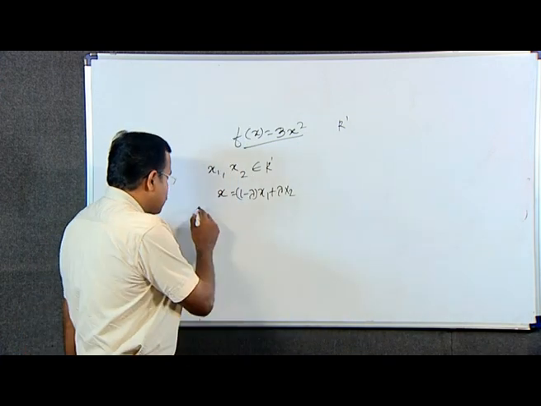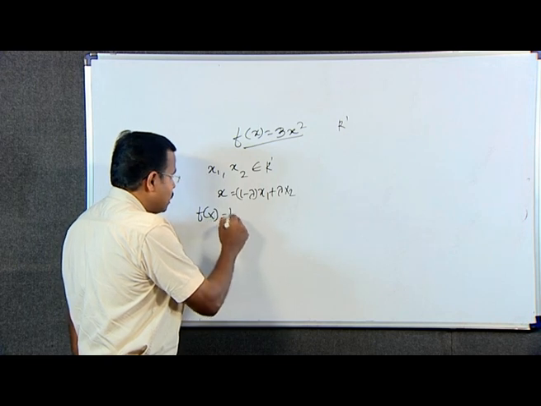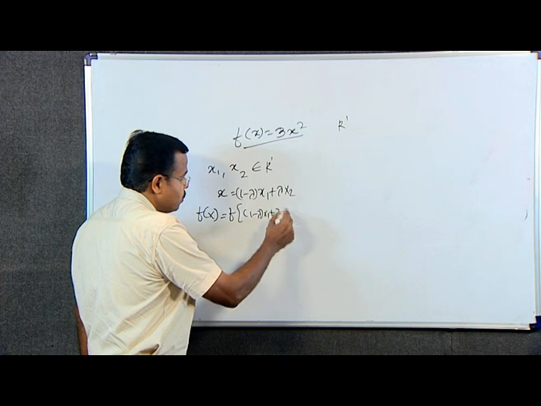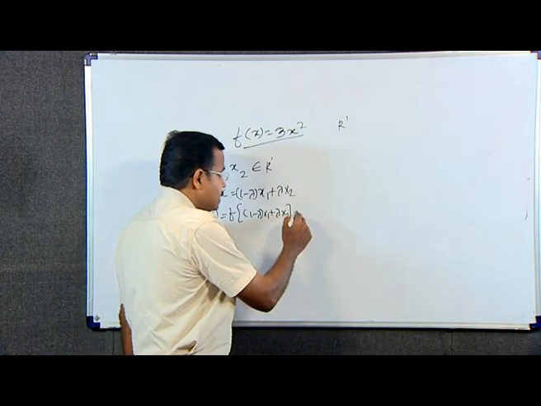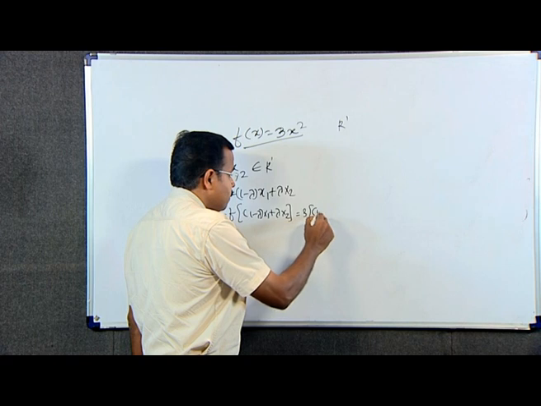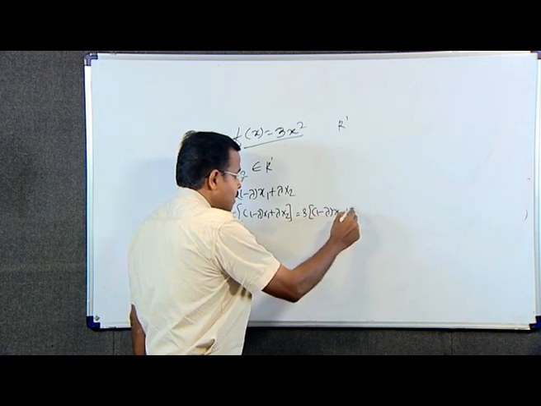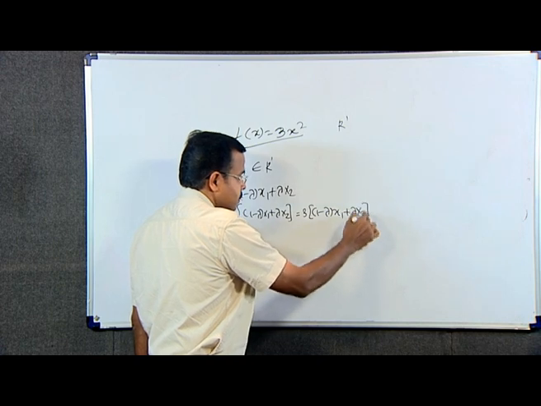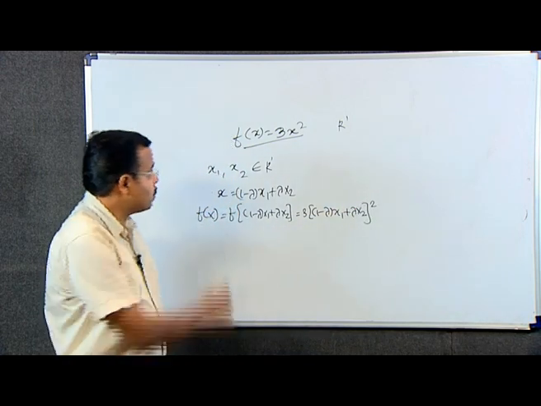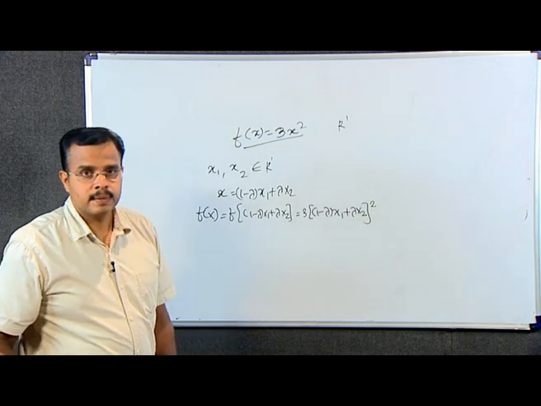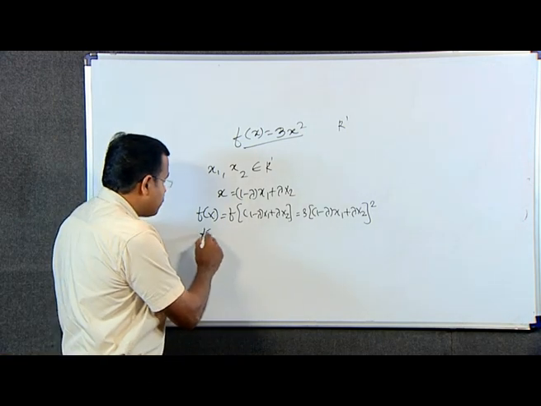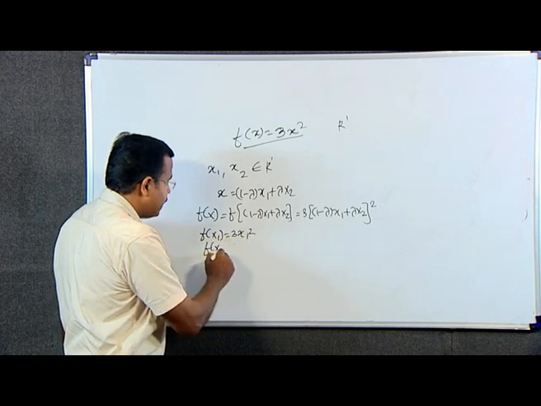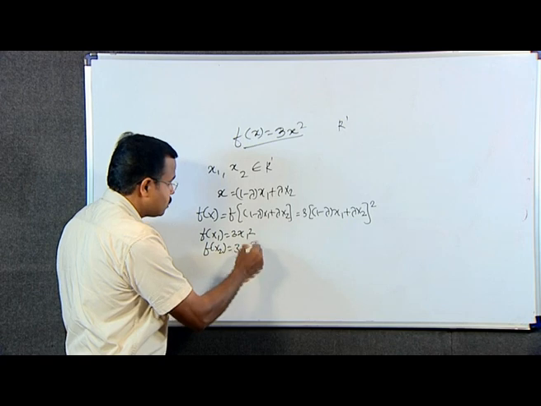Now, f of x is equal to f of (1 minus lambda) x1 plus lambda x2, that is equal to 3 times ((1 minus lambda) x1 plus lambda x2) the square, because our f of x is 3x square. Now, f of x1 is 3x1 square and f of x2 is 3x2 square.